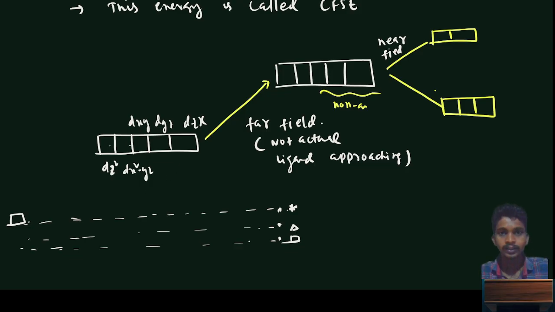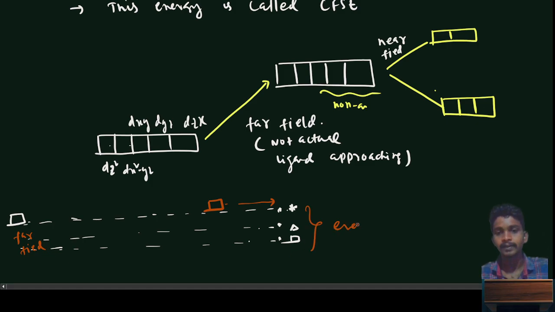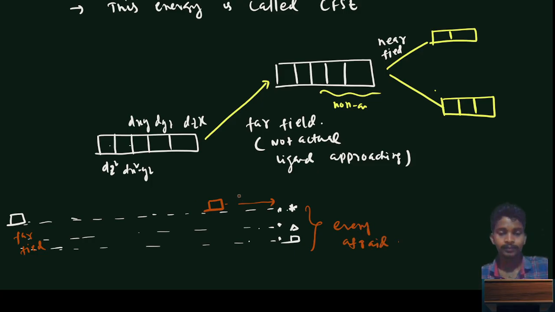But when the train is nearer, then we understand that the train is coming only to this track, not to the other tracks.